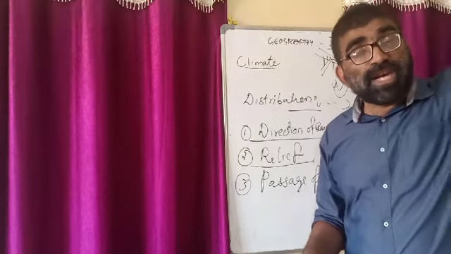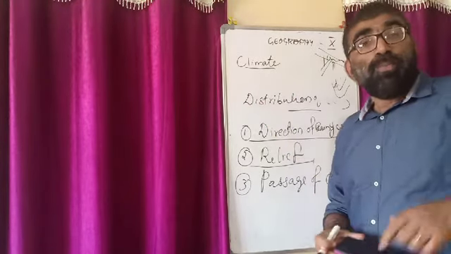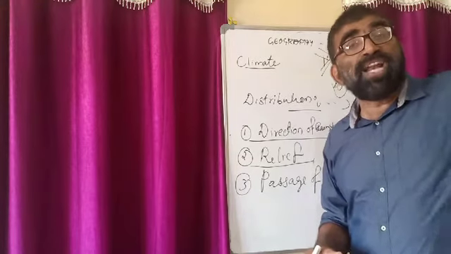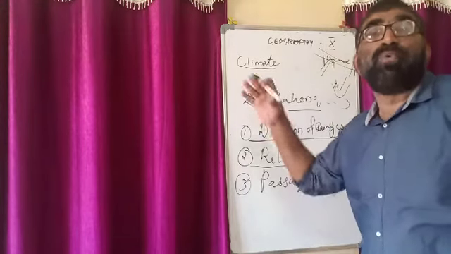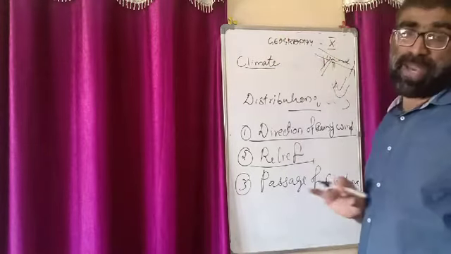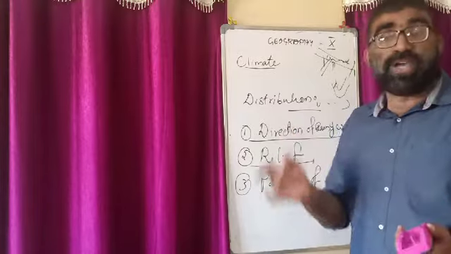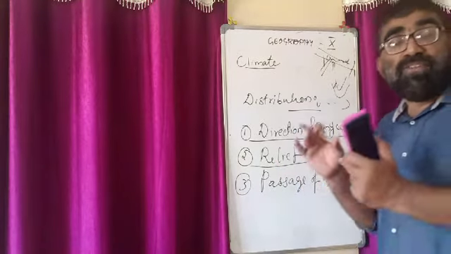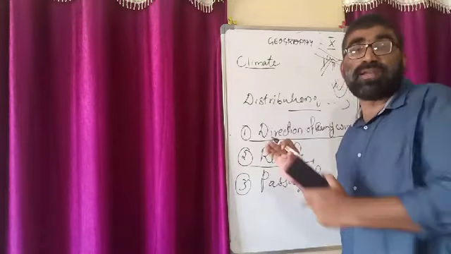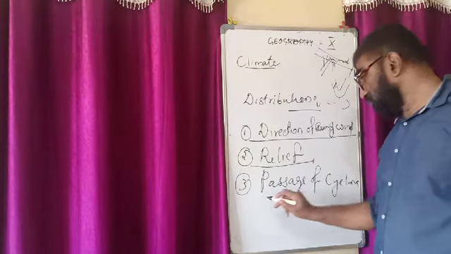Mangalore receives heavy rainfall and Bengaluru receives very little rainfall. Also, Mumbai receives heavy rainfall, Mahabaleshwar receives heavy rainfall, and Pune receives little rainfall because of the presence of this relief factor. So the windward side of the relief will receive heavy rainfall, and the leeward side remains dry and rain shadow. So these relief factors determine the distribution of rainfall.